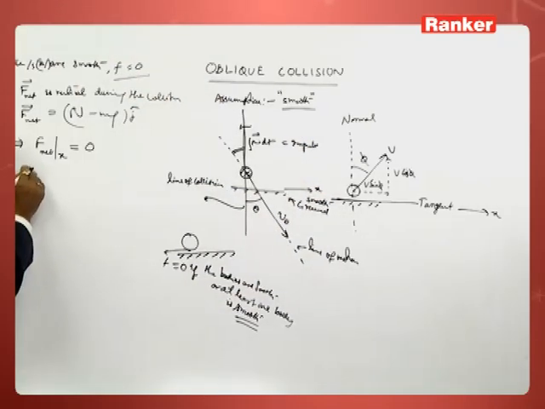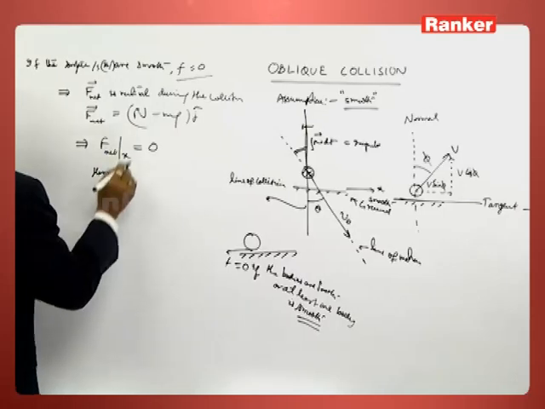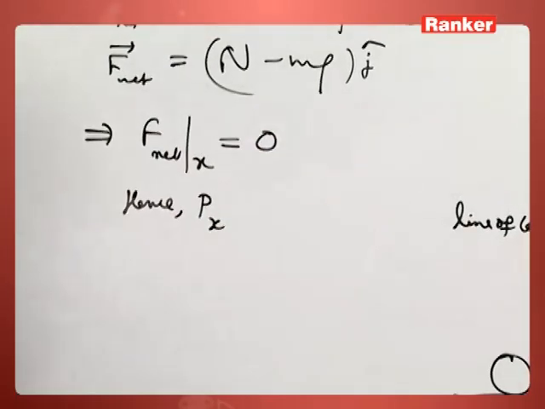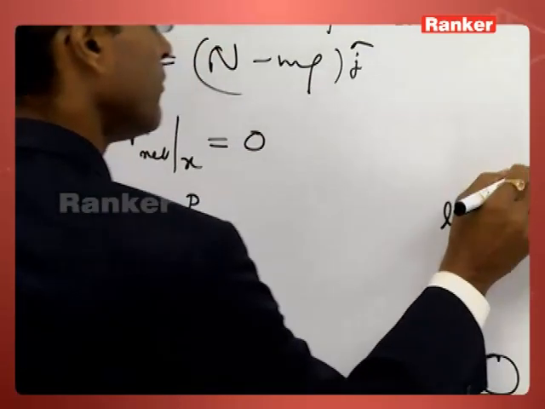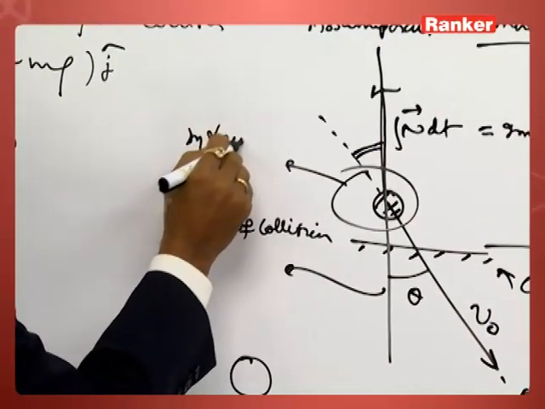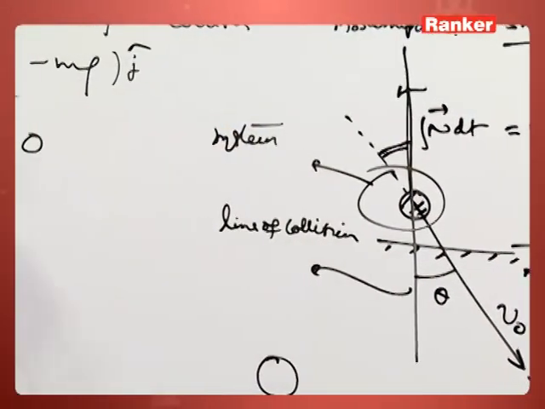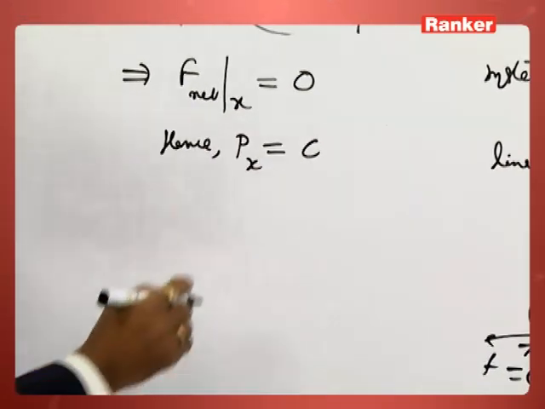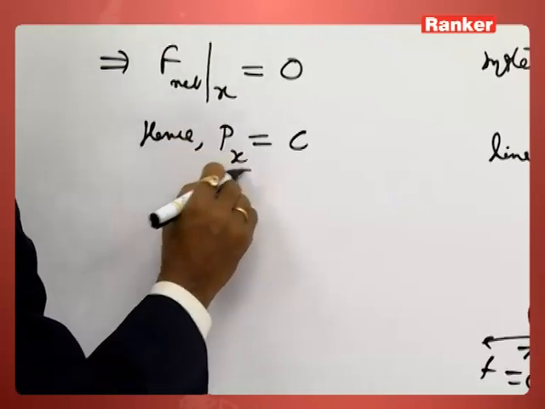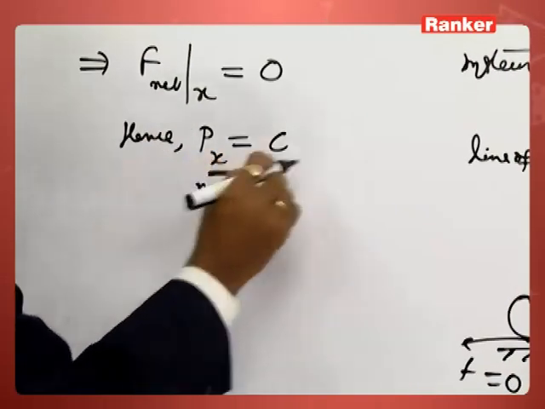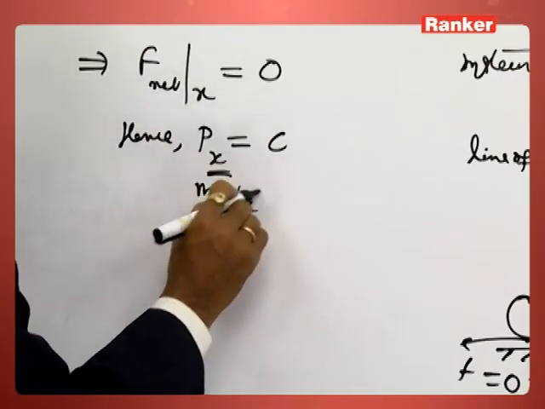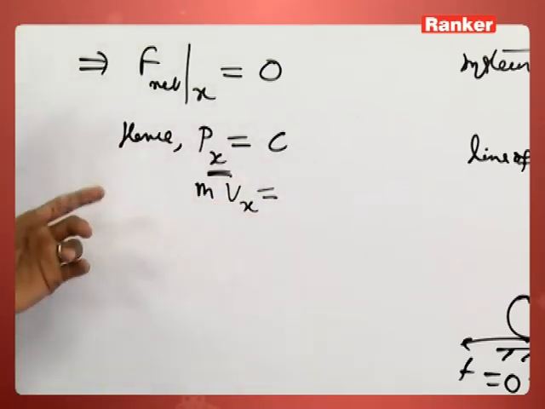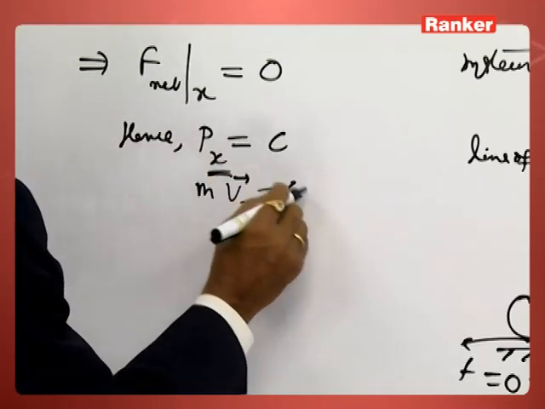Hence, we can conserve the momentum of the object if you take this as a system of a single particle. The system's momentum along the x direction must be conserved. Its momentum along the x direction, equal to m into the velocity of the object along x, remains conserved.